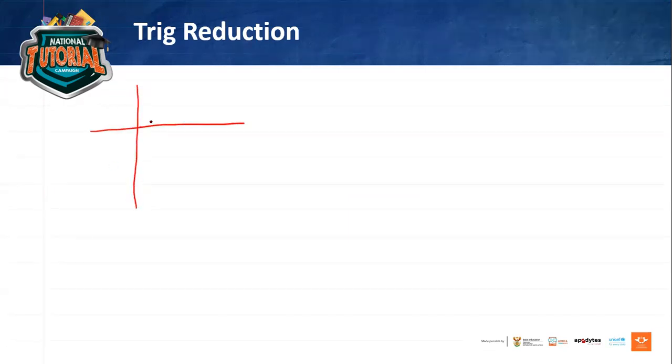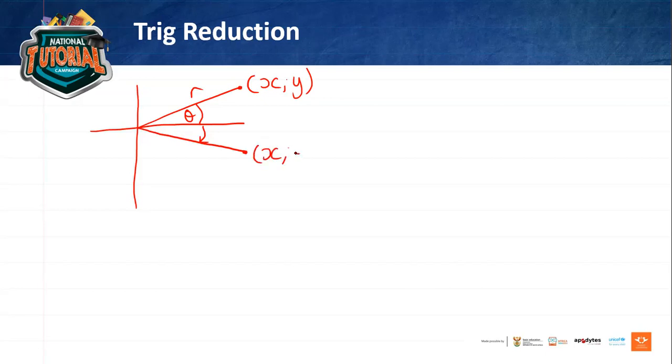If we're sitting in quadrant 4, there's our original line and the angle theta. If I now move into quadrant 4, what I've done is I've reflected over the x-axis. So now my x value is still positive, but my y value is negative. We're below the x-axis. Remember, we measure angles from the positive x-axis anti-clockwise to there.